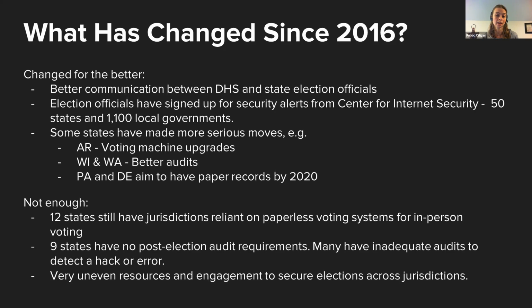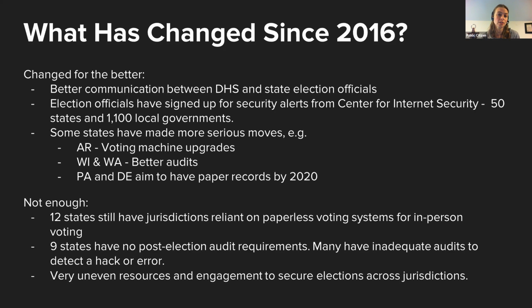It may or may not lead to the detection of a hack or error, but it might show problems in the vote count that could lead to further investigation of a hack or an error and looking for evidence of that. So this is shorthand. I want to point out for sure that that's not a foolproof way to detect. It's very difficult, as I said earlier, to detect hacks in particular.